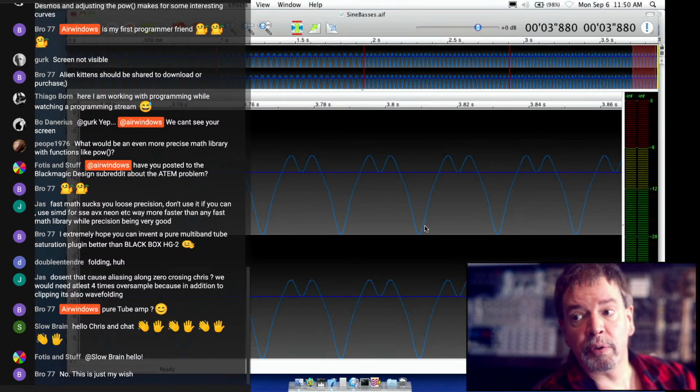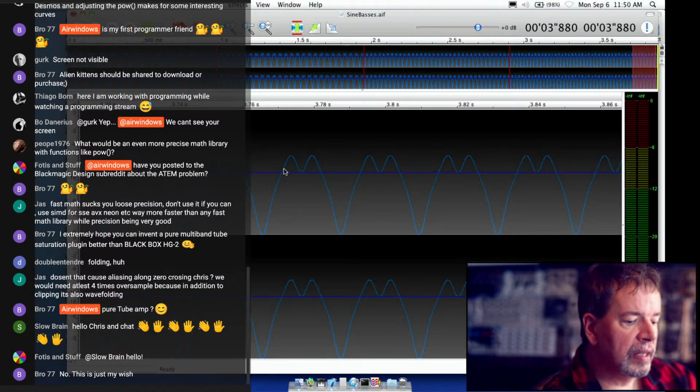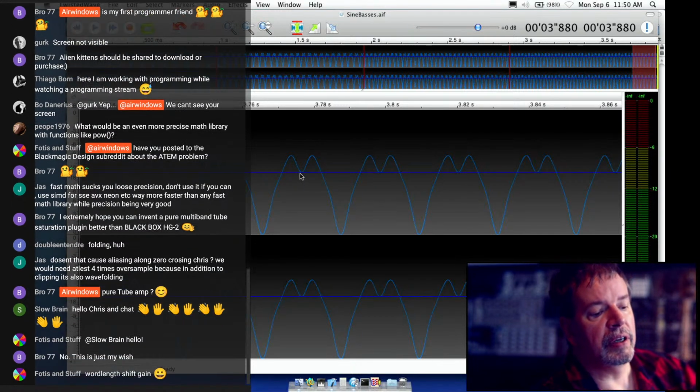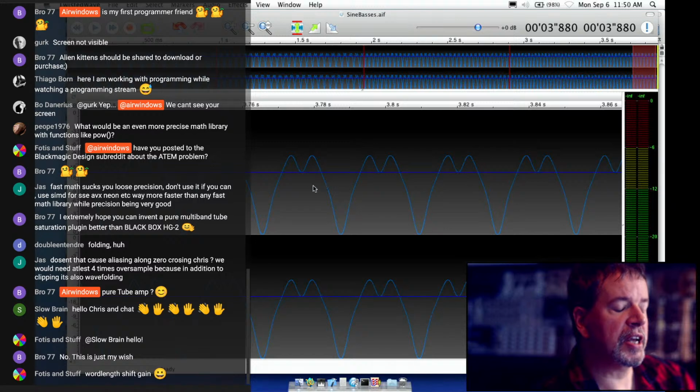There's your asymmetrical distortion. On the one side, it's distorting it completely and going right down to what's basically a wavefolding, but it's only on one side of the waveform. We don't have it set up to change that in any way.